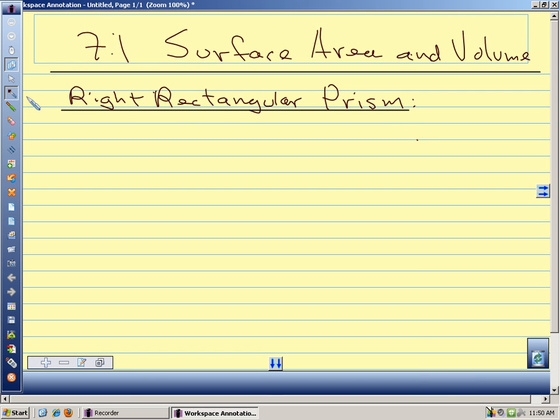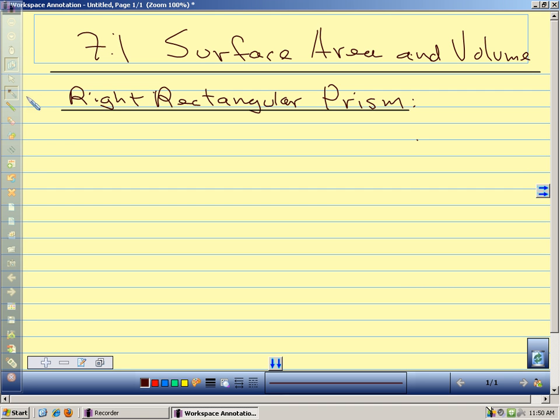When we say right rectangular prism, what kind of shape are we talking about? If we wanted to use an everyday example, a rectangle, but it's a prism, so what would it look like? A box. A right rectangular prism is just a box. So we're talking about a box shape.